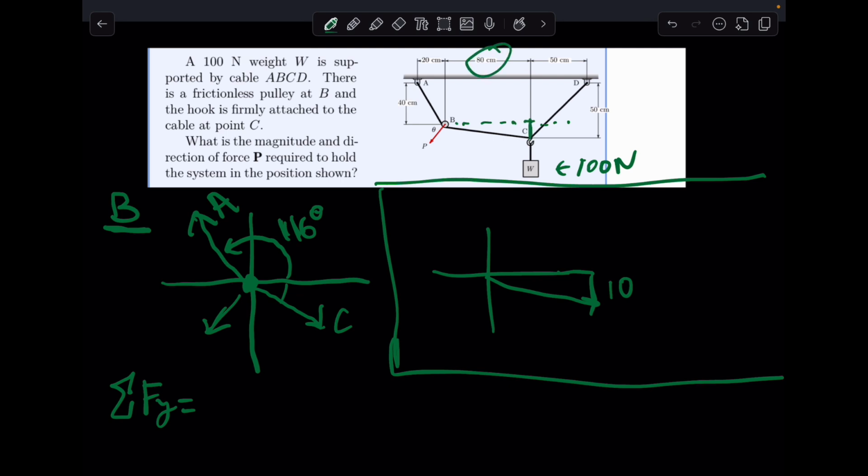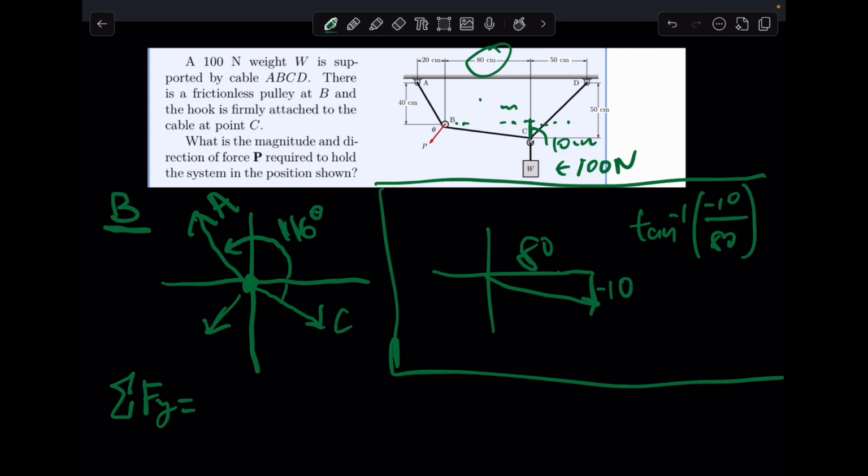You guys see what I'm doing? 10 centimeters and then 80 centimeters. So that's 80. And similarly, we can do rise over run. So tan inverse of, actually negative 10 because it's down, right? Negative 10 over 80.